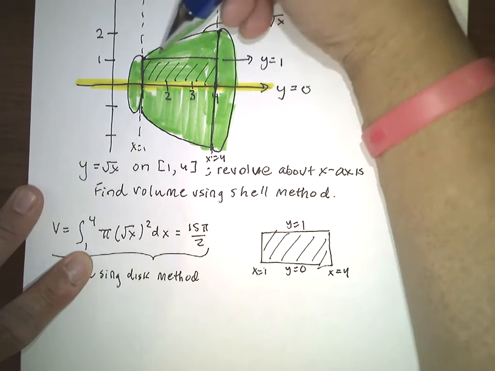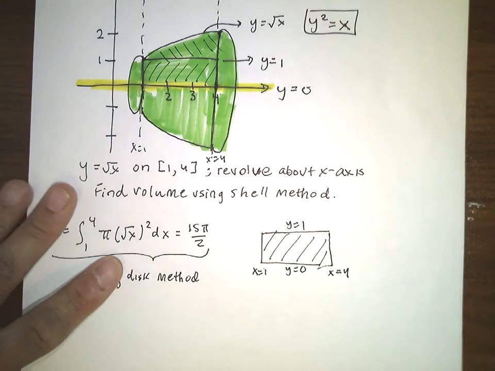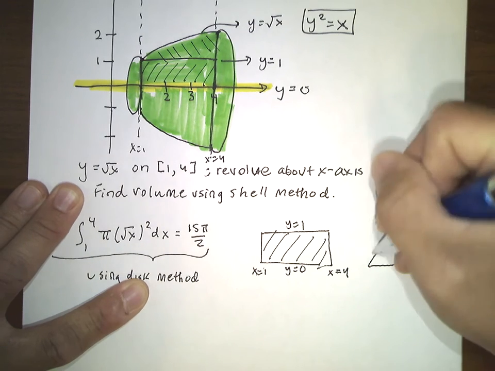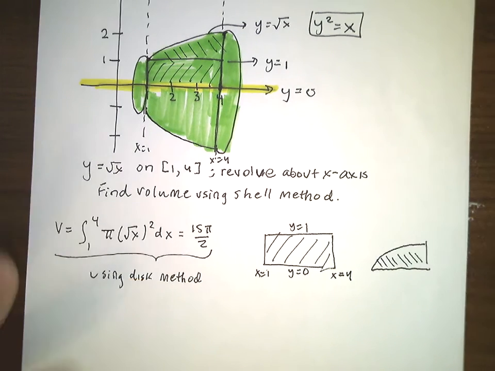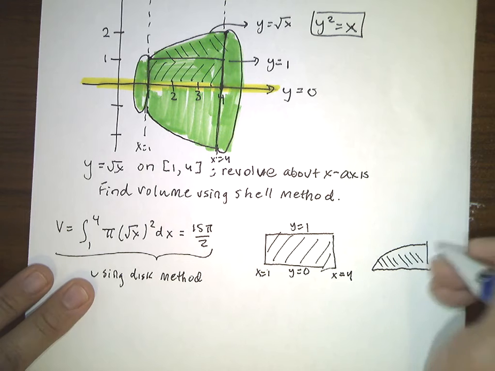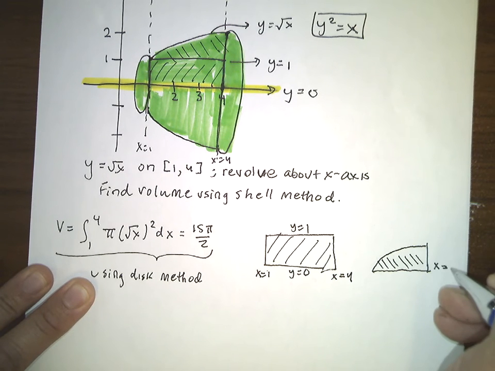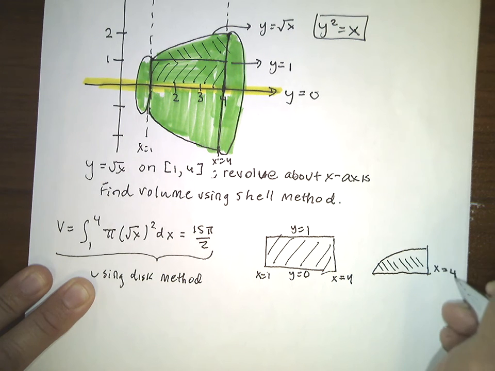And then I have this part right here, that is bounded by x equals 4.